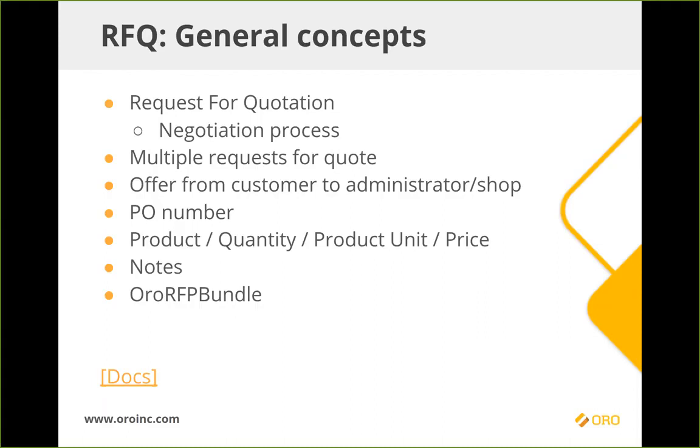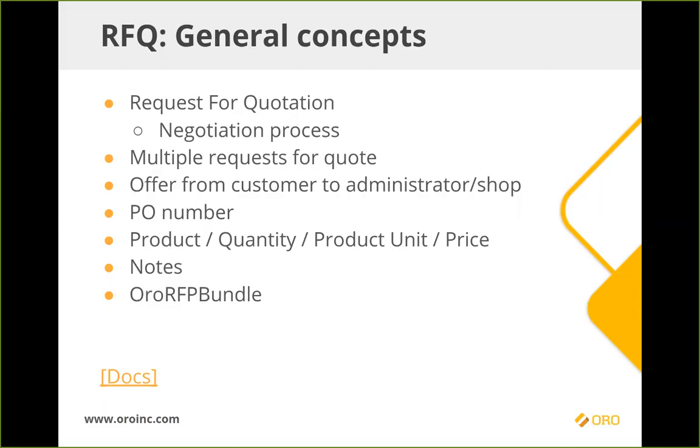The application supports multiple requests for quote. Any customer may send many requests for quotes. For example, if one of them is not appropriate, another one may be. RFQ may have a PO number, purchase order number, so it's a transport number which is used to connect together all entities in this chain: RFQ, quote, order.